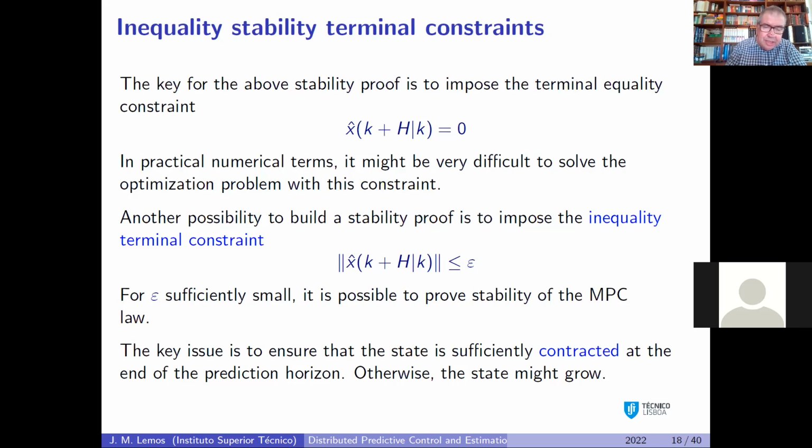If you don't squeeze the state, it can be that in the last part, your U can be such that, remember the story of the restaurant, that U grows and X grows.